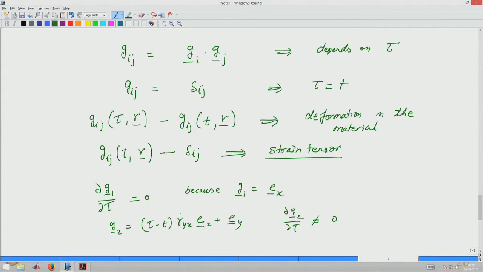And you can see here that if we take a derivative of G2, what we have is basically this gamma dot yx. So, we will see that del G2 by del tau is related to gamma dot yx, which is nothing but related to gradient of velocity.